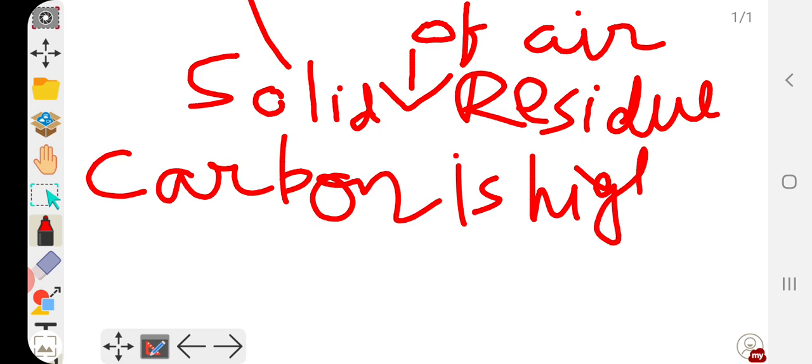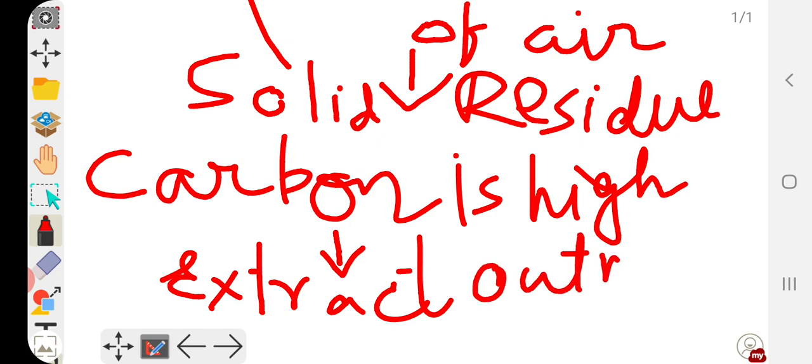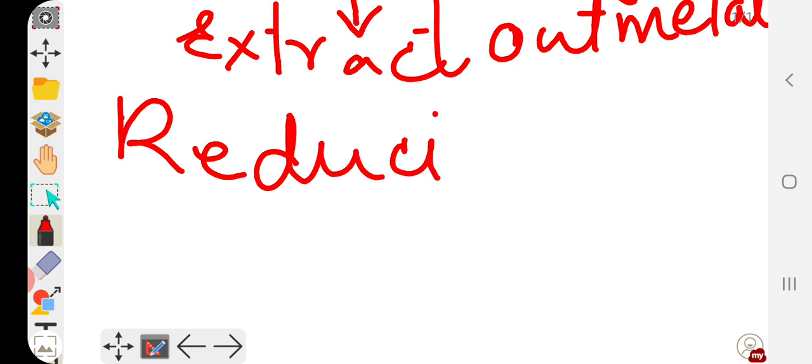What is the use? It is basically used to extract metal. And why is it so? Because coke acts as a reducing agent.